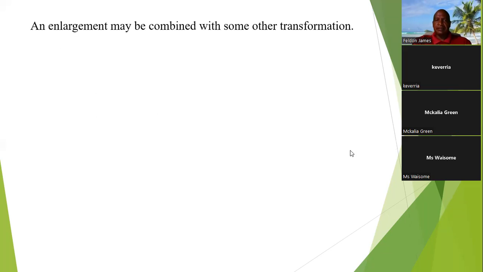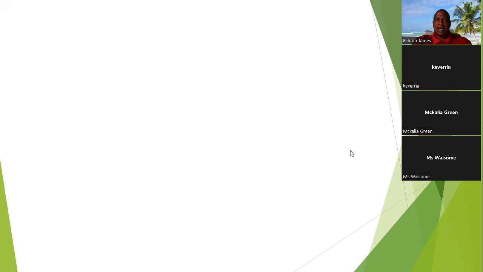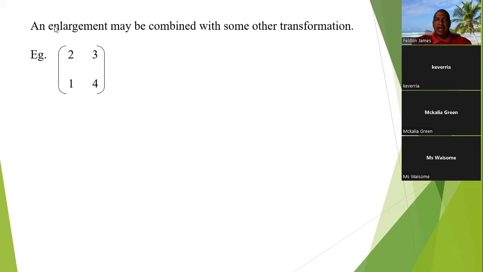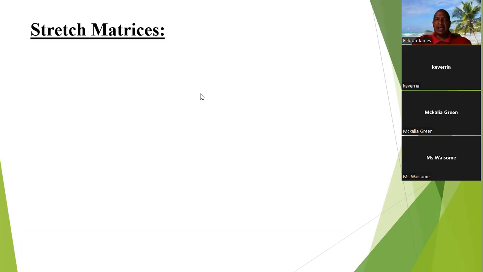All right, guys. So an enlargement may be combined with some other transformation. When you combine some other transformation with an enlargement matrix, you may get something of a different shape than what it would be by enlargement alone, right?